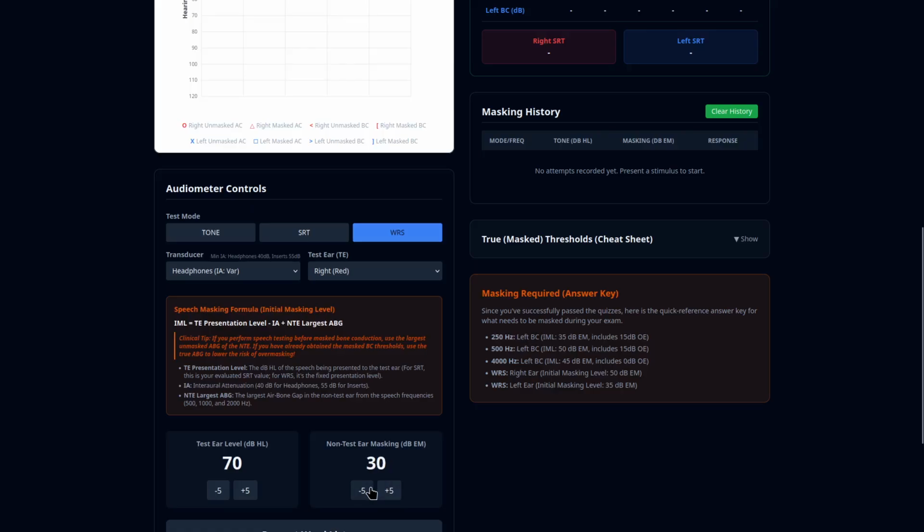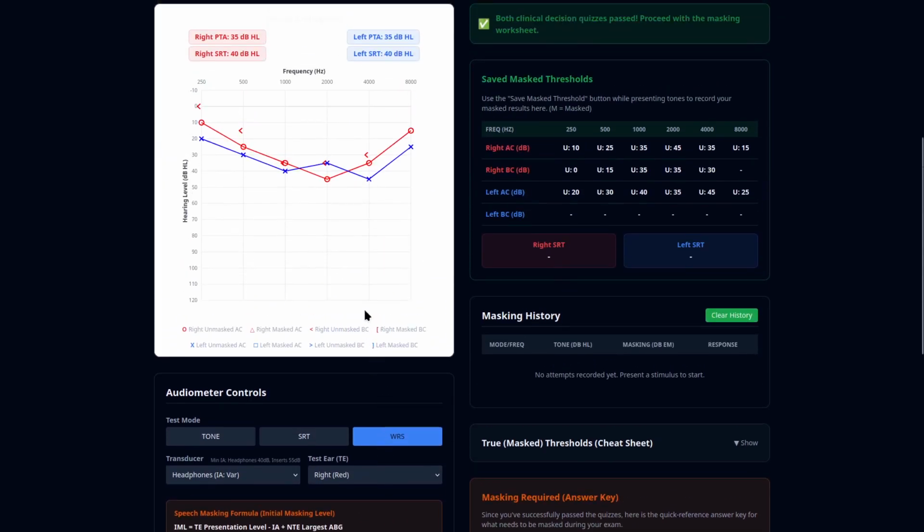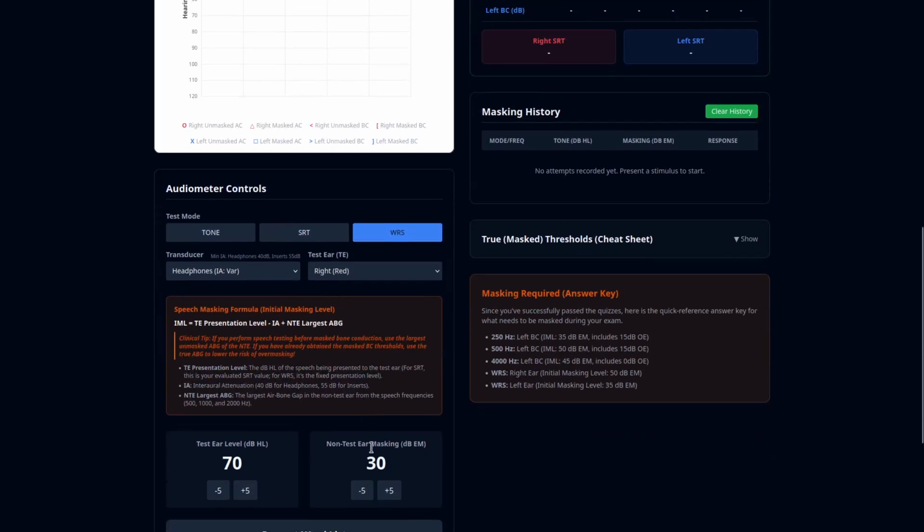And then we have the largest air-bone gap in the non-test ear. So we're in the right ear. What is our largest air-bone gap in the non-test ear? In the left ear, it appears to be 15. 30 minus 15 is 15. So we're going to start at that masking level at 45.